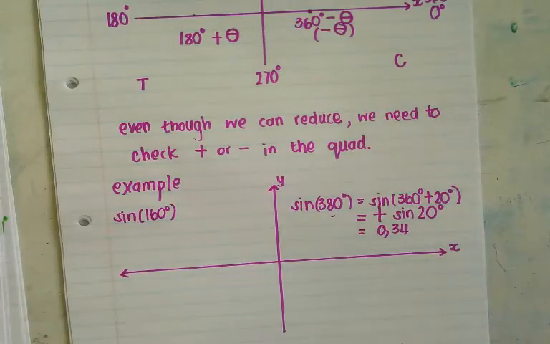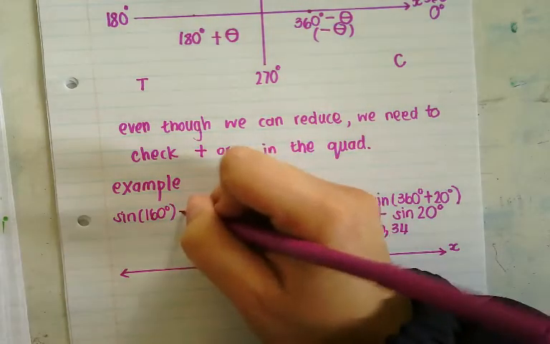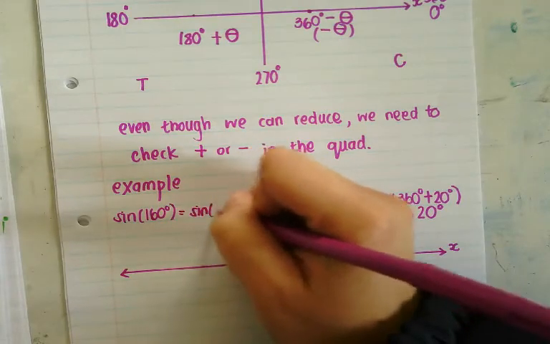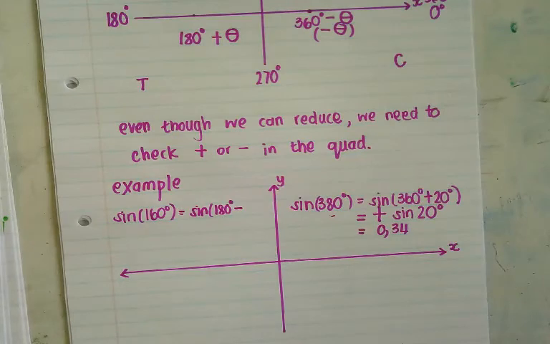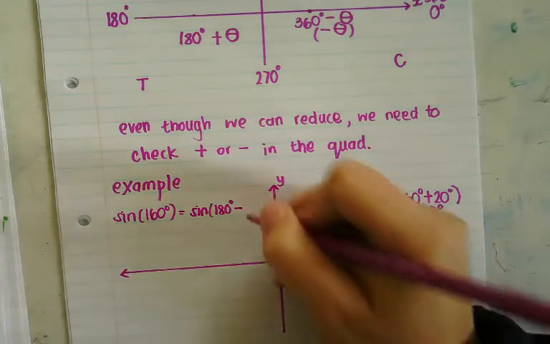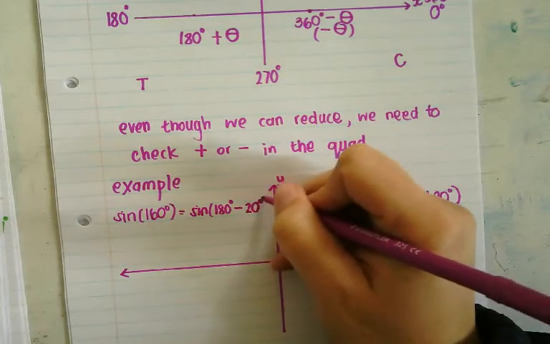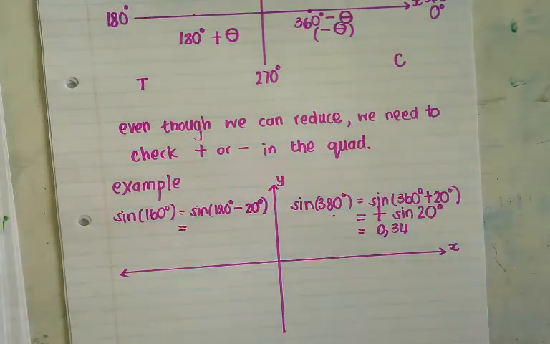But I don't want to deal with a big angle. I want to deal with an acute angle. Using my reduction formula, which is 180 minus theta, what is the theta here? What did I minus that would give me 160? 20 degrees. Now I need to check the positive and negative nature of sine.